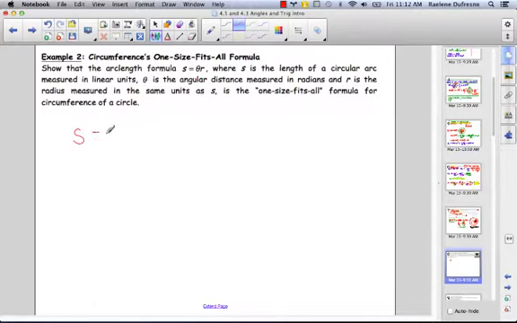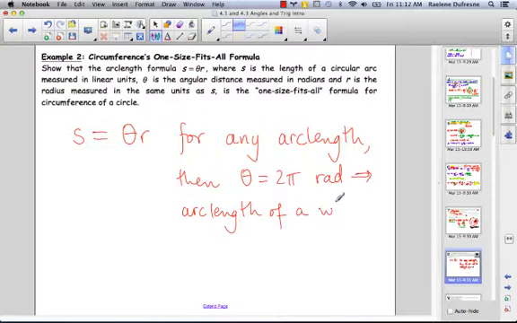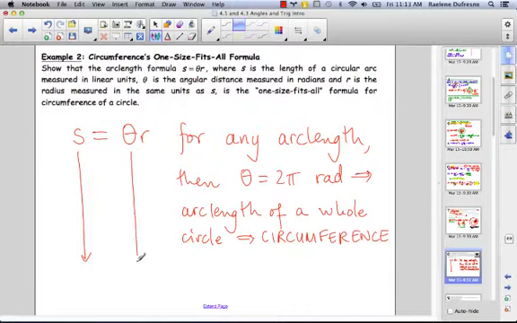Well, if s is equal to theta r for any arc length, then theta equals 2 pi radians corresponds with the arc length of a whole circle. But of course, the arc length of a whole circle is called the circumference of the circle. And so we get the circumference by substituting 2 pi in for theta.